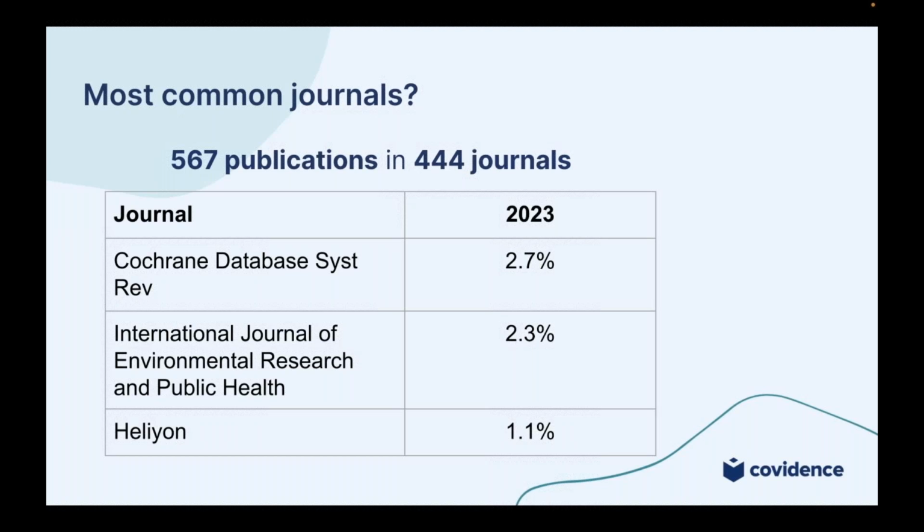Now, Hoffman's paper reported the most common journals were the Cochrane Database of Systematic Reviews, PLOS One, and Medicine, Baltimore. And we also identified the Cochrane Database as the most common journal, but at the moment we have the International Journal of Environmental Research and Public Health and Heliyon as second and third place.